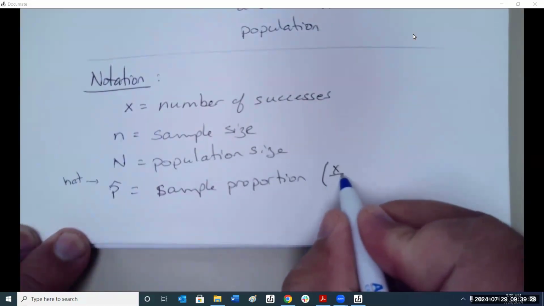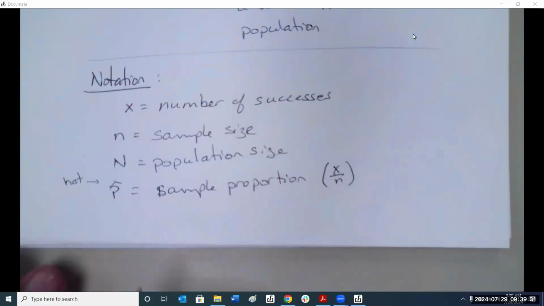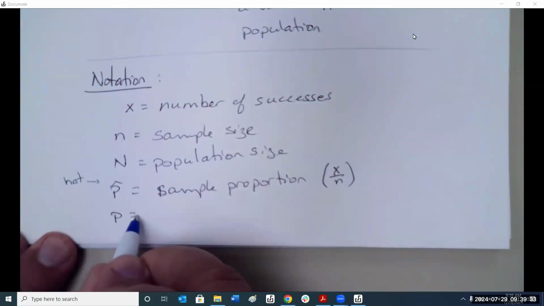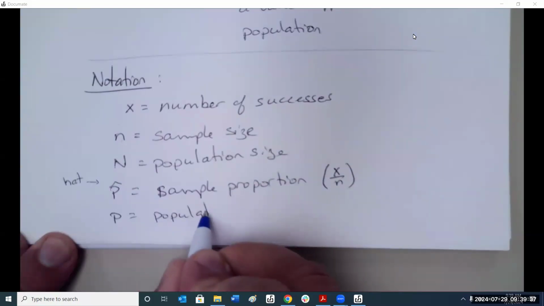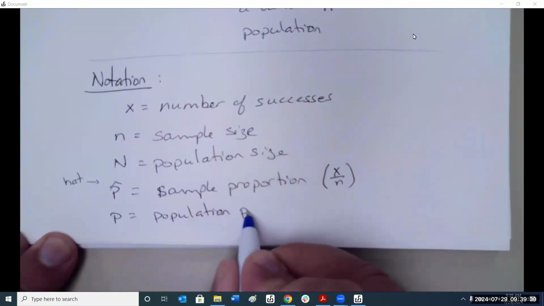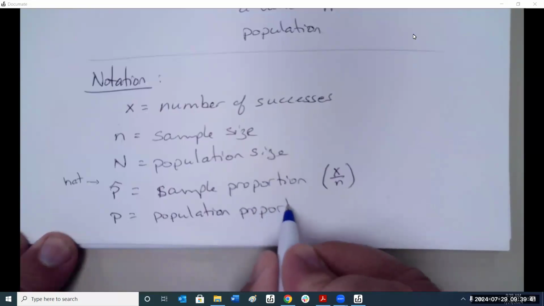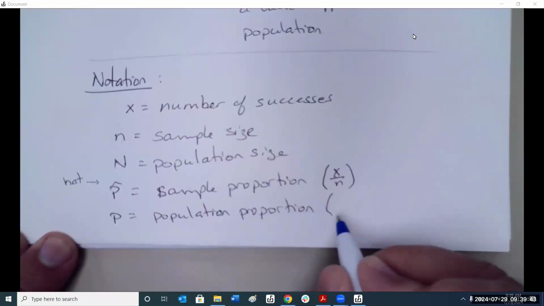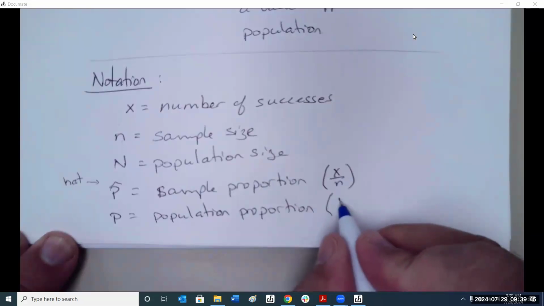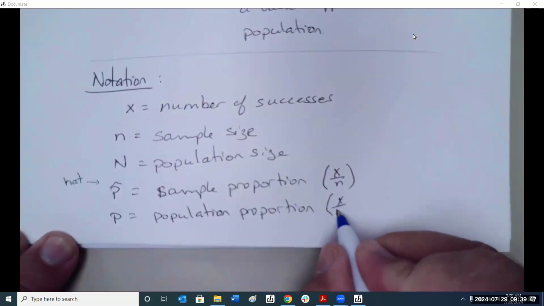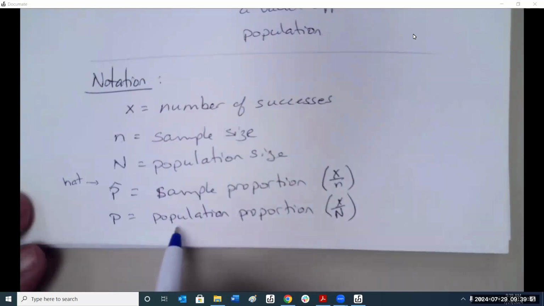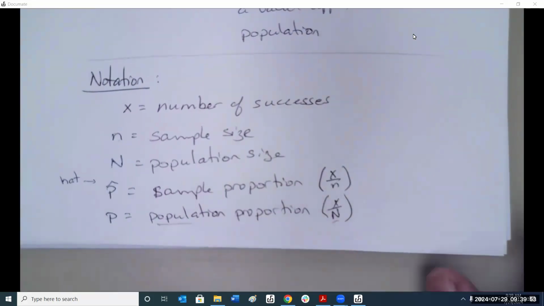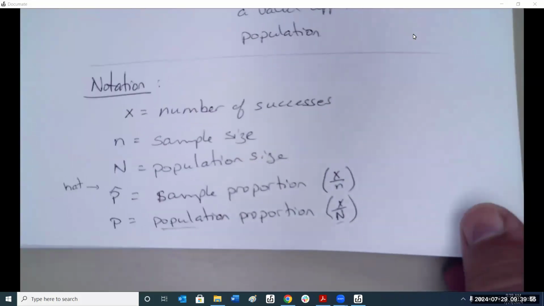It's made up of x over n, and the little p is the population proportion, which is whatever we have over capital N this time. Our population's capital.